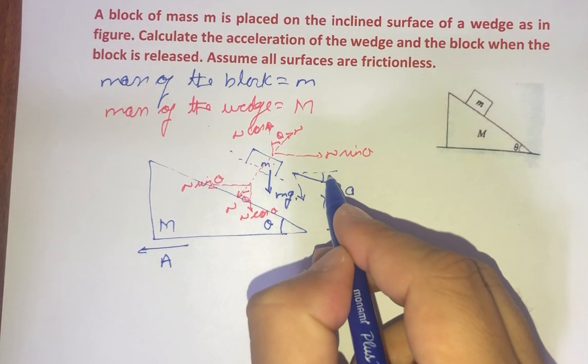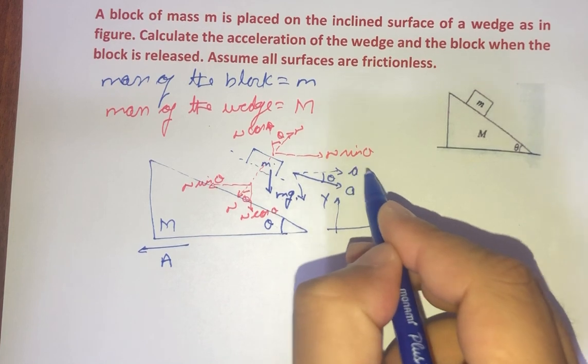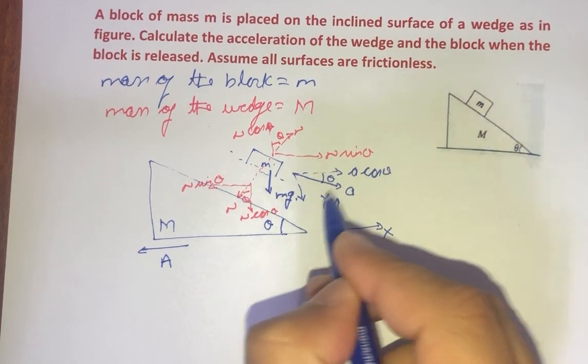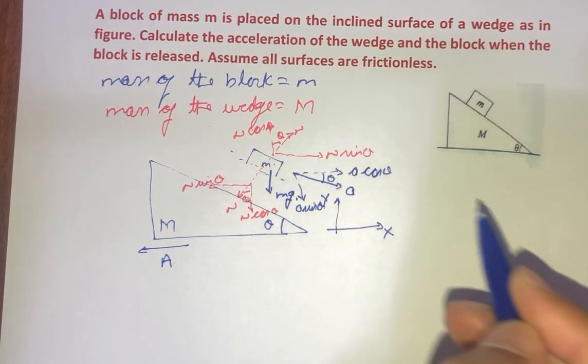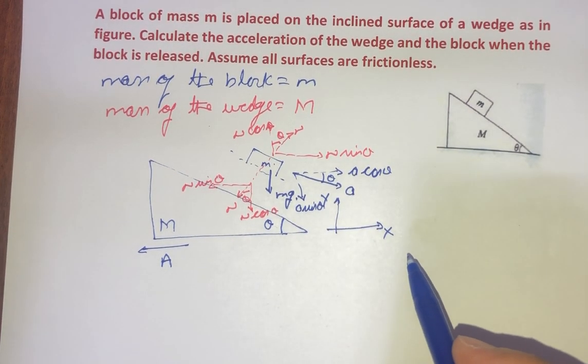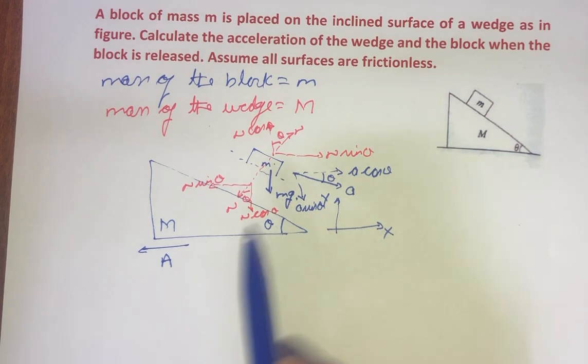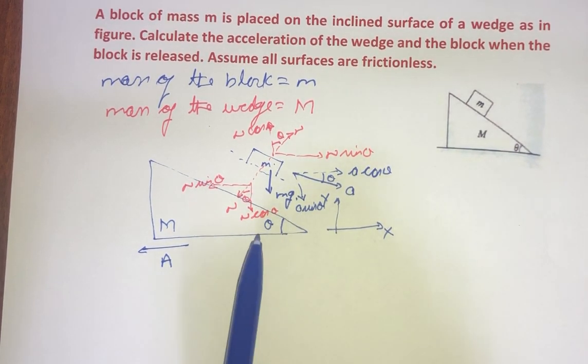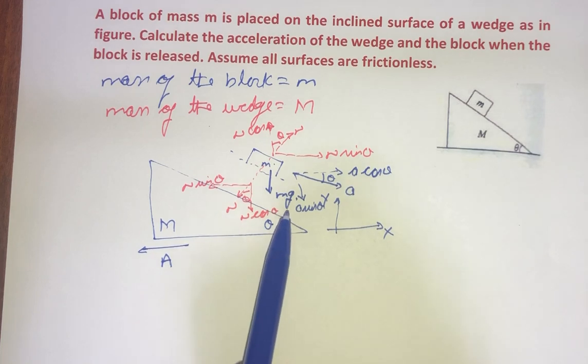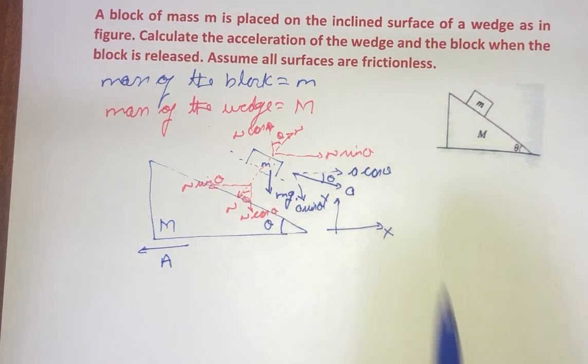This will be angle theta, so we have a cos theta and a sin theta. So these will be the various components: normal, mg and other things.